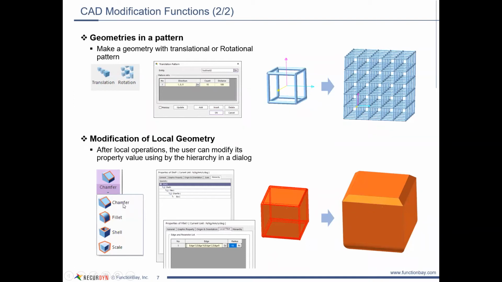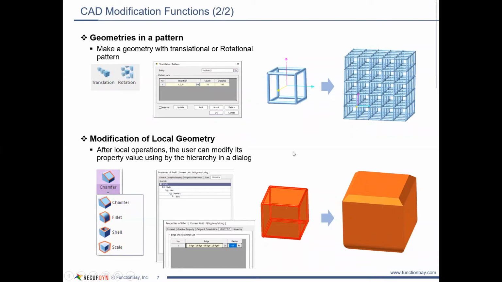Basically, we have had all these different commands, and the scale is a new one. But what this enhancement does is that, as you can see in the dialog box, you can pick a solid, you can look at the different operations, including the new scale command, and then you can go back and modify things.